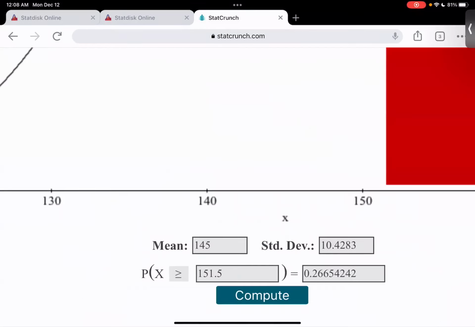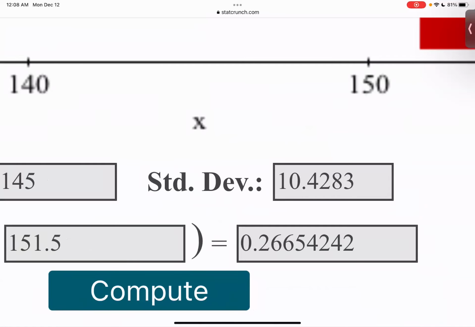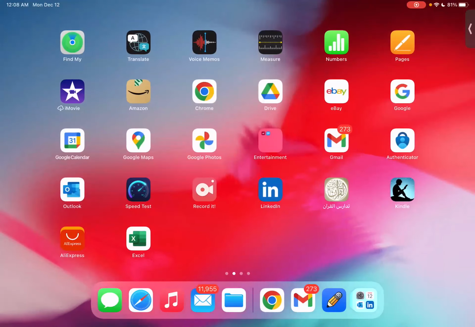Then we compute. We got this probability, 0.2665.